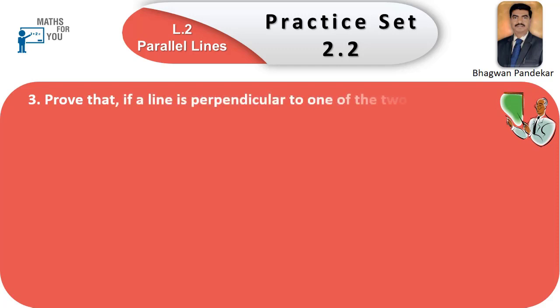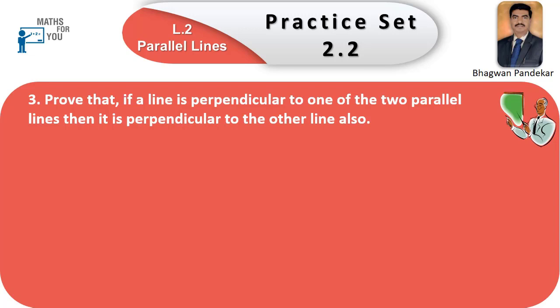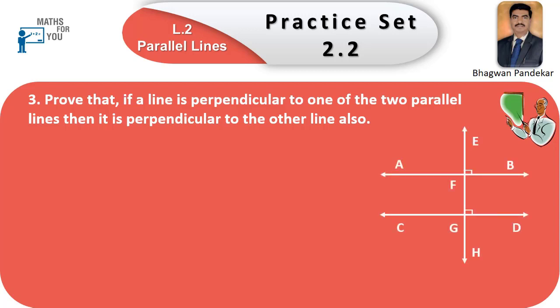Example number 3. Prove that if a line is perpendicular to one of the two parallel lines, then it is perpendicular to the other line also. Observing this figure, we can write the given information: line AB is parallel to line CD.